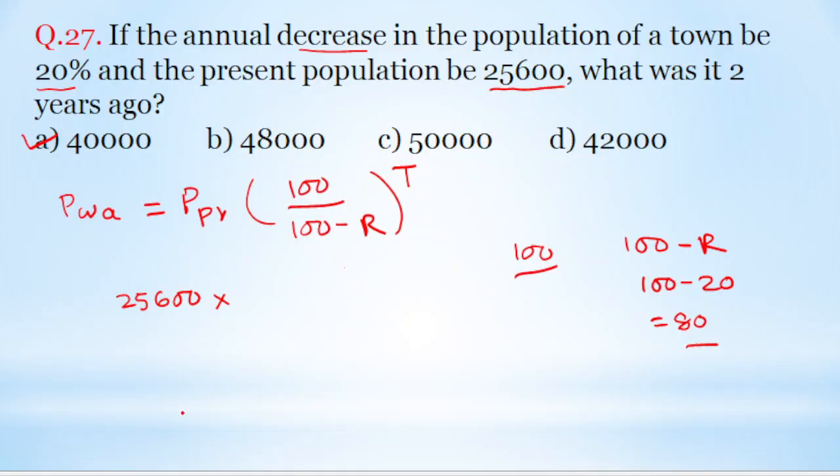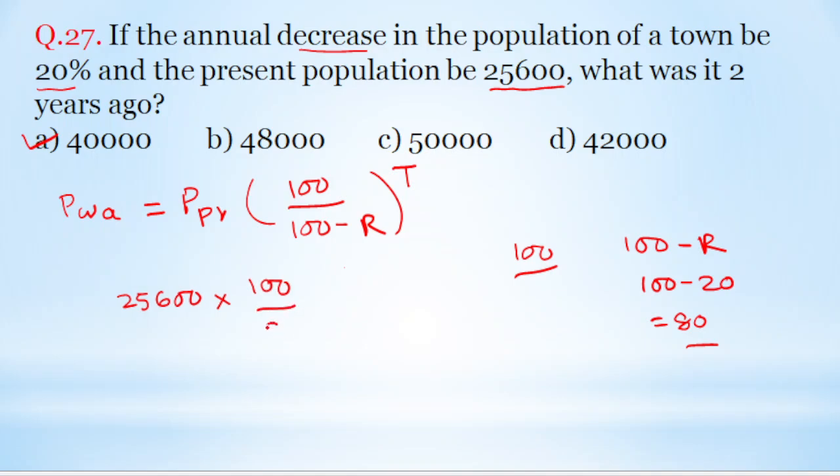But what should be the numerator? Listen, the present population after decreasing is 25,600. That means before the present population, the population will be more than the present population. So the fraction will be greater than one. That means the numerator will be more than the denominator.